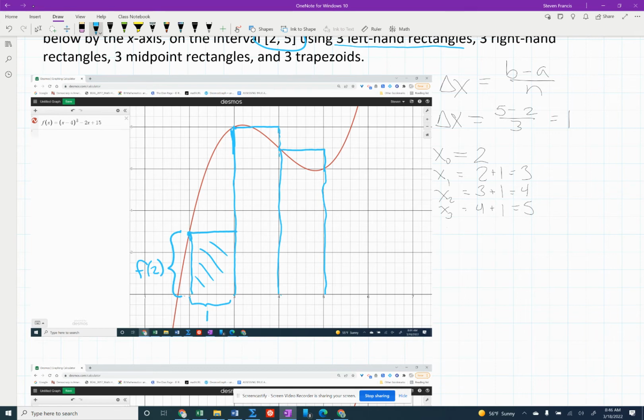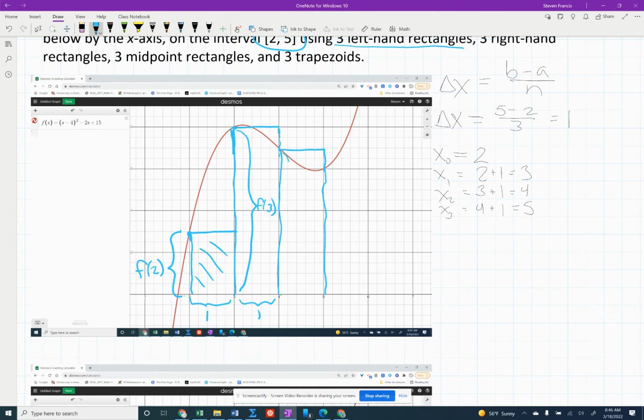For the next rectangle here, again, I'm using left-hand endpoints. That means on this interval from 3 to 4, I'm going to plug the left-hand endpoint into the function f, and that's going to give me the height of that rectangle. And then I'm going to multiply that by the width 1, and that'll give me that area.